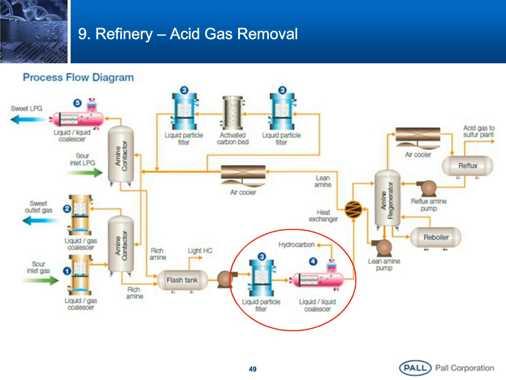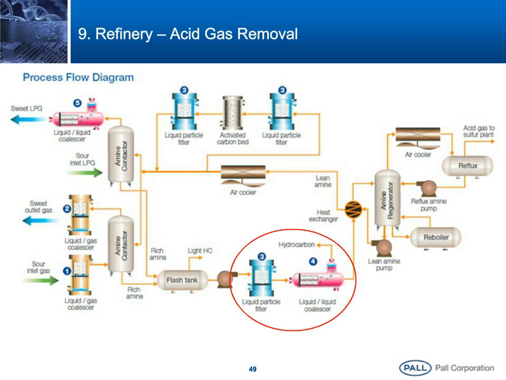One of the main issues is contamination of the amine from particulate and oils, causing foaming issues, causing fouling in the lean-rich exchanger, in the amine regenerator, in the reboiler, with potential carryover of oil into the close sulfur plant. So we can see circled on the sketch a particulate filter and liquid-liquid coalescer, very, very efficient oil removal, protecting the system from any sort of upset condition.